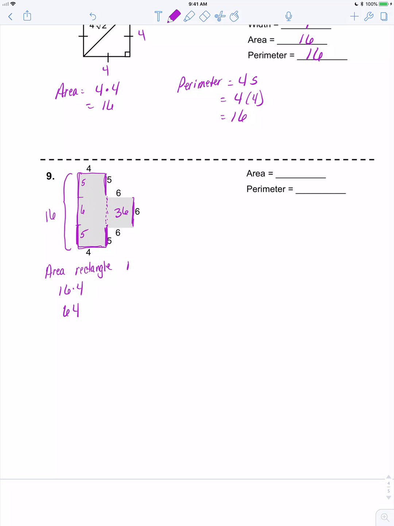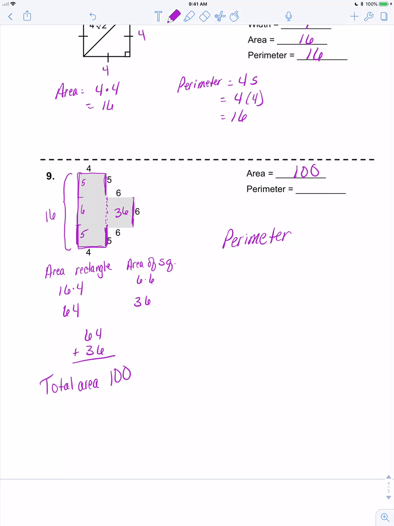We figured out the area of the square portion was 6 times 6, which is 36. We add those two together to come up with the total area, and that is 100.